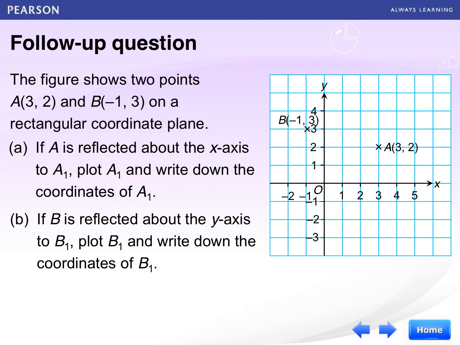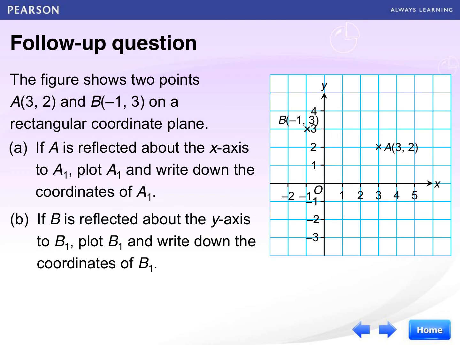Alright, for part B, B is reflected about the y-axis to B1. We have to plot B1. The distance between B and the y-axis is 1 unit, and the distance between B1 and the y-axis is also 1 unit. So B1 should be on the right of the y-axis.